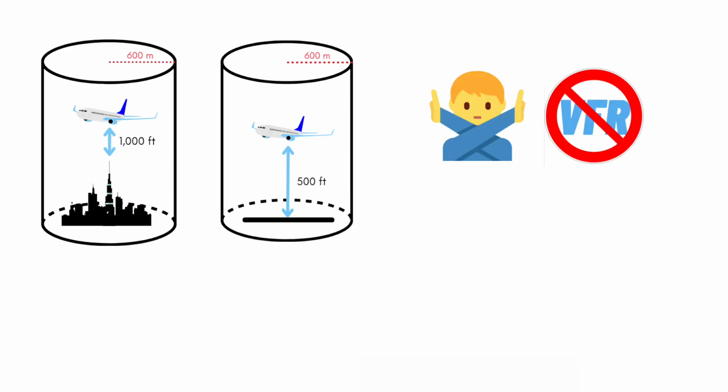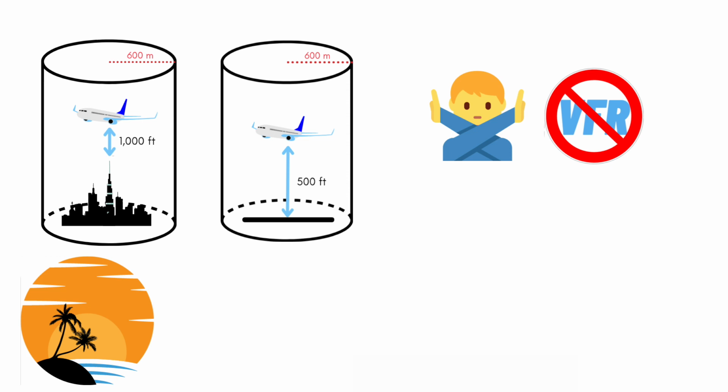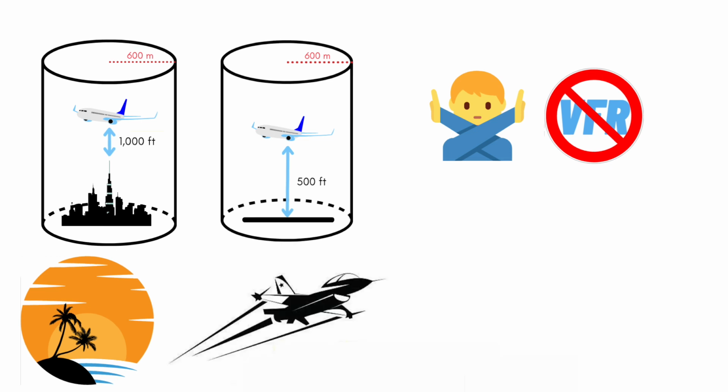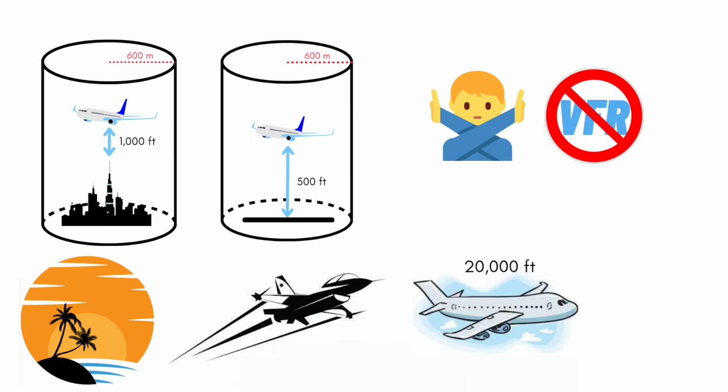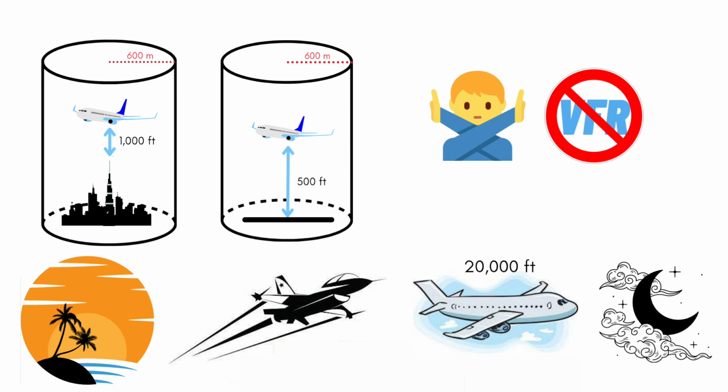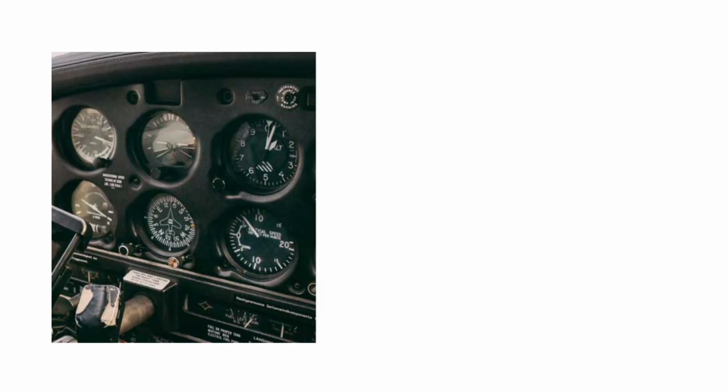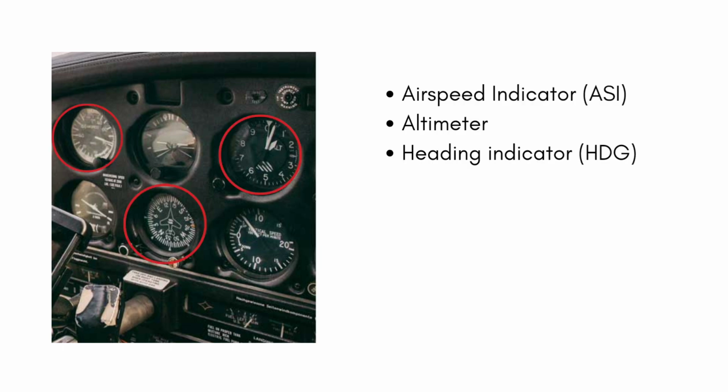If these minimum safety altitudes are ignored, VFR is prohibited. Apart from these, VFR is prohibited for flying between sunset and sunrise, transonic or supersonic flights, and flying over 20,000 feet. Considering that visual condition is the most important thing in VFR, you can understand why a pilot can't do VFR at night.